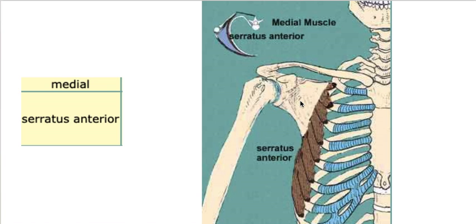Here, these are the serrations of the serratus anterior muscle. If you remember, this attaches onto the medial costal wall of the scapula.